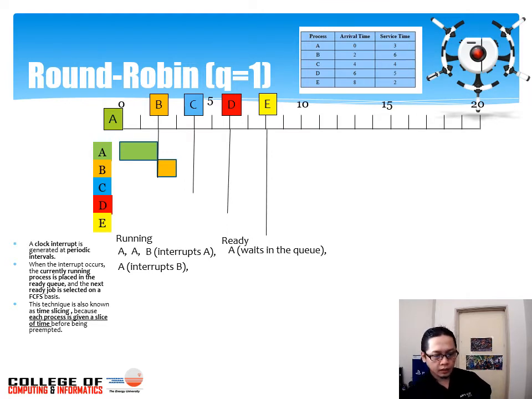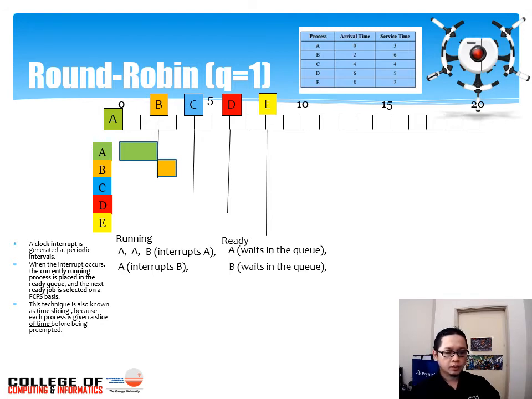So previously A was waiting here. Now for the next cycle, A will interrupt B. This one is B's execution, and after one slice, A will interrupt B again. Once interrupted, B needs to stop and wait in the ready queue.